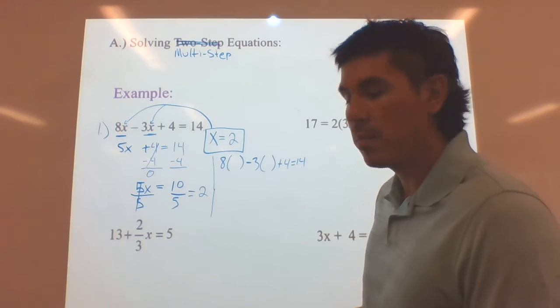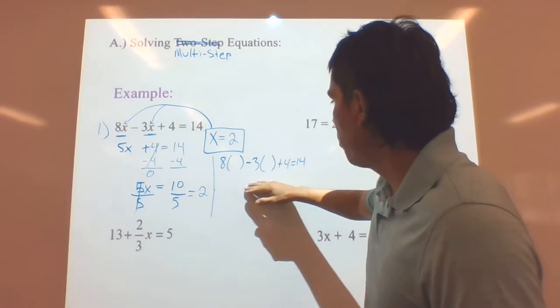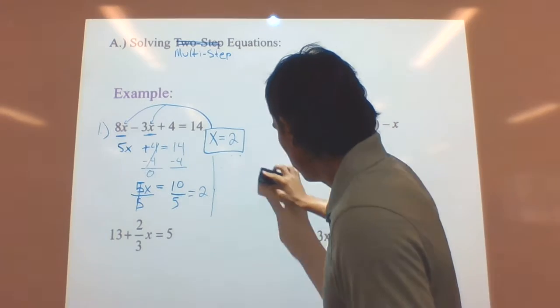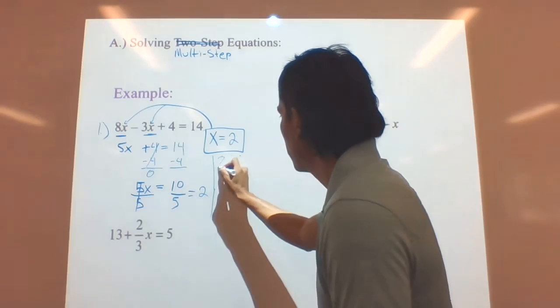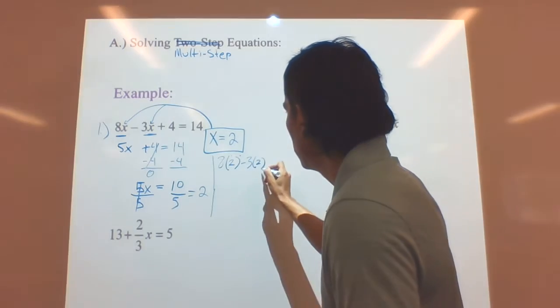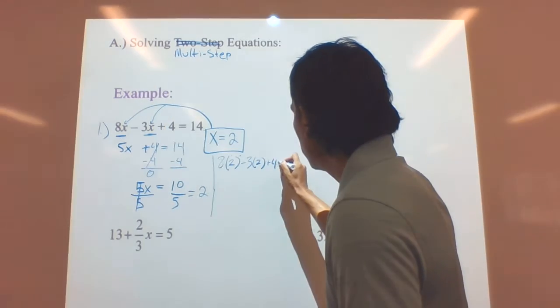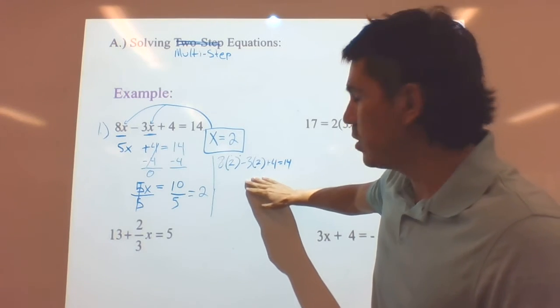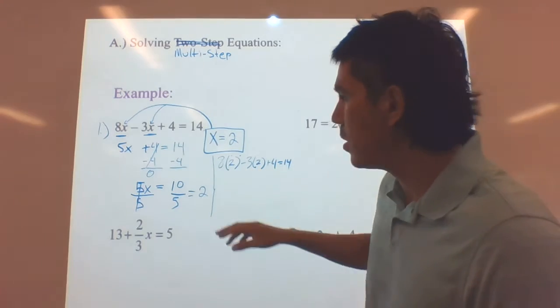There it is. Okay? So if I plug in my x value, I'm going to write smaller because I'm not going to fit. I apologize. 8(2) minus 3(2) plus 4 equals 14. Okay, there we go.